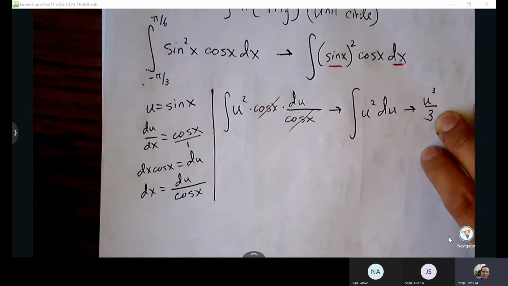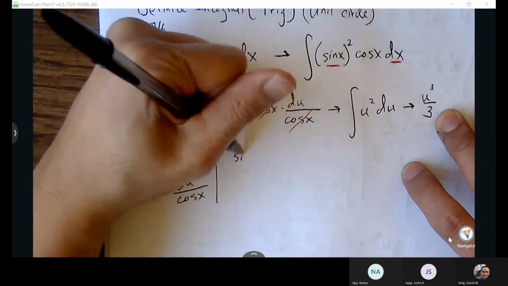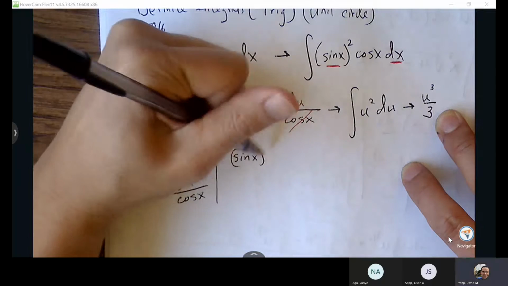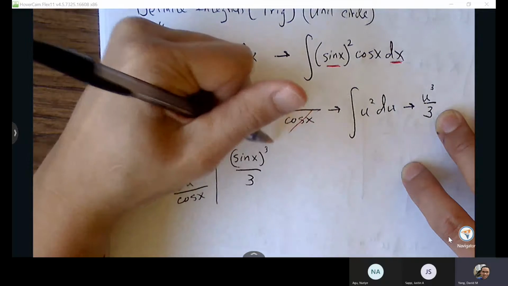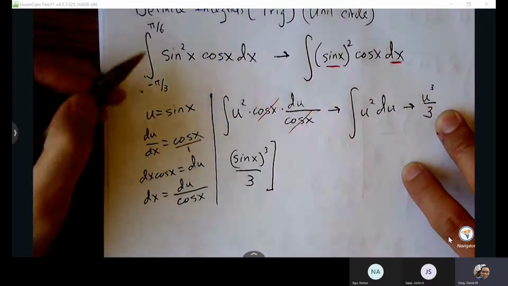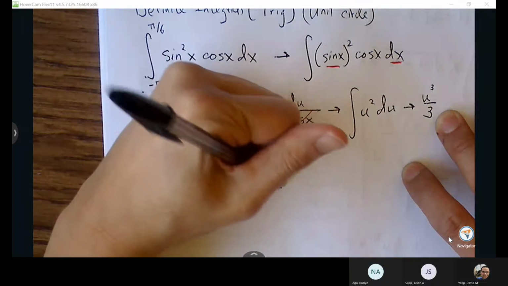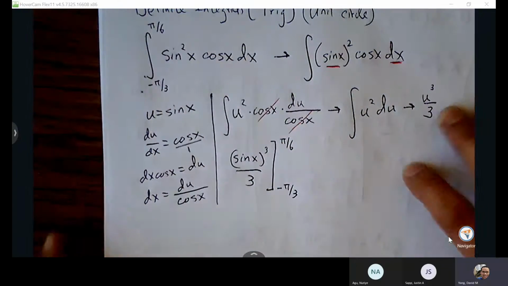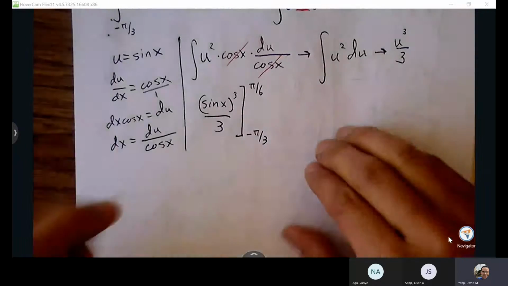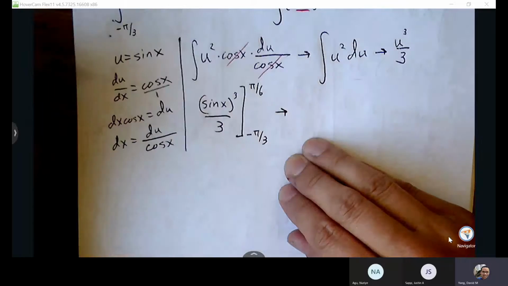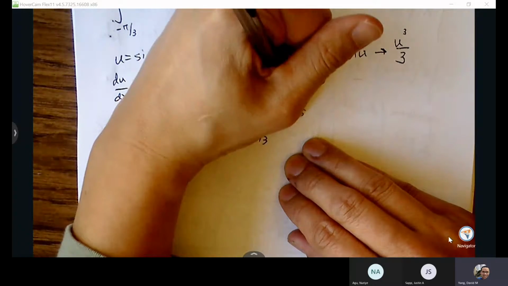So we'll bring the sine back into our answer here. And now you're ready to insert our bounds. Okay, so let's evaluate. I can, if I want, push that 1/3 out in front.